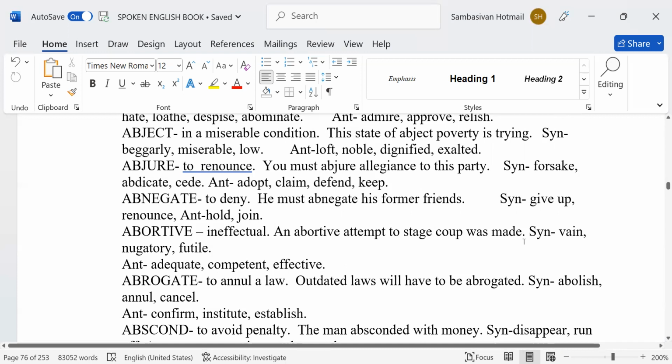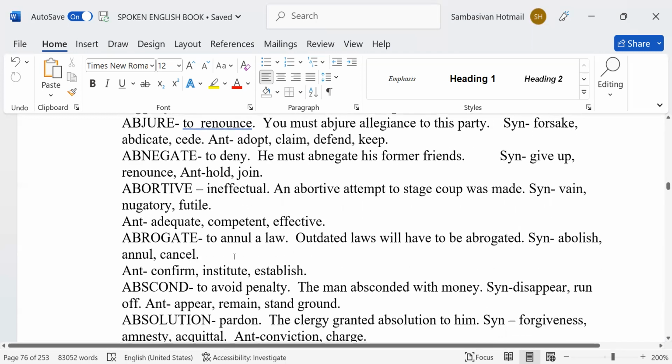Synonyms: vain, futile. Antonyms: advocate, competent, effective. Good. Next, last one. Abrogate: to annul a law. Outdated laws will have to be abrogated. Synonyms: abolish, annul, cancel. Antonyms: confirm, institute, establish.